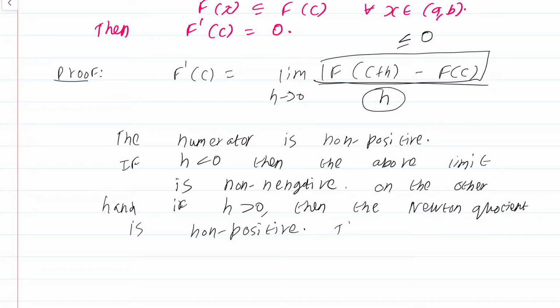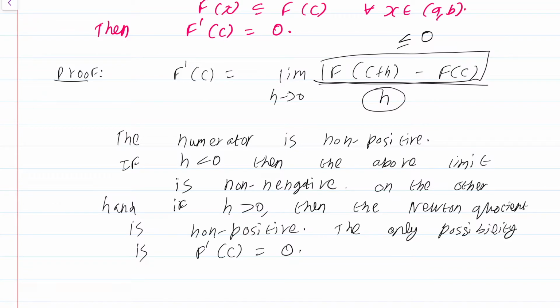The only possibility is f prime of c equal to 0. As you approach from the right and the left, the signs are different. Therefore at the point c, the only possibility is that f prime of c is 0. Okay, that was rather easy.